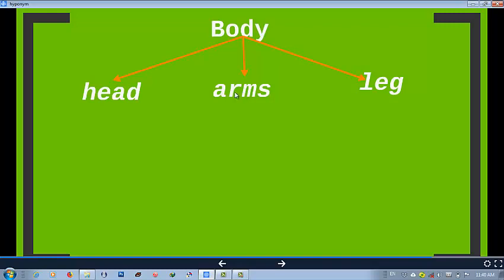Or I can say that the head of a human is not the human. Or the leg of a human is not a human. A human is a human, but the leg of a human is not the human. So that is the definition, you understand.